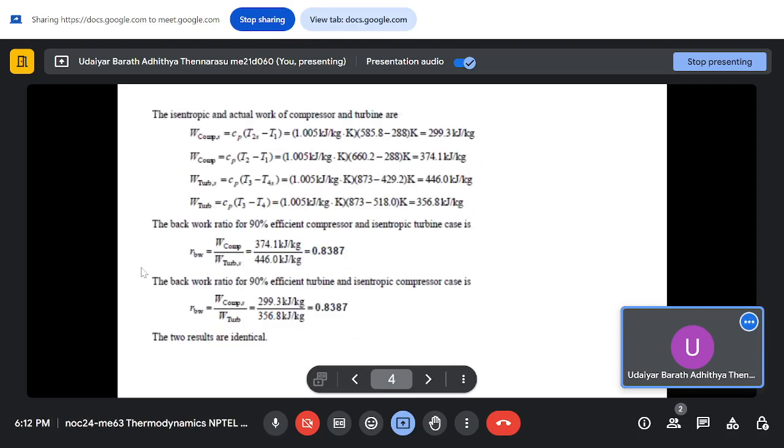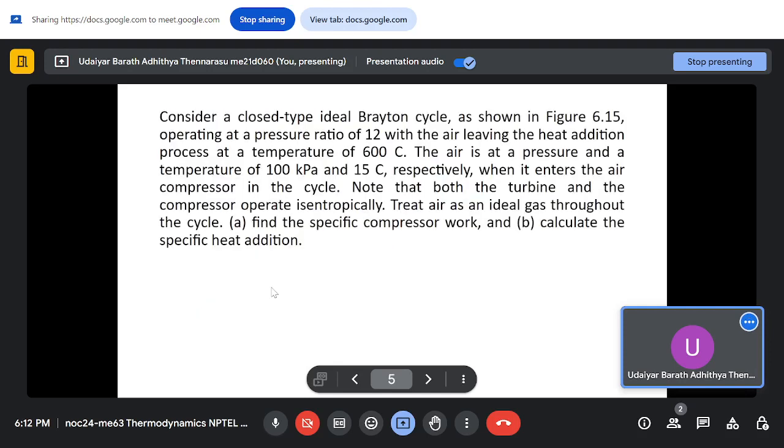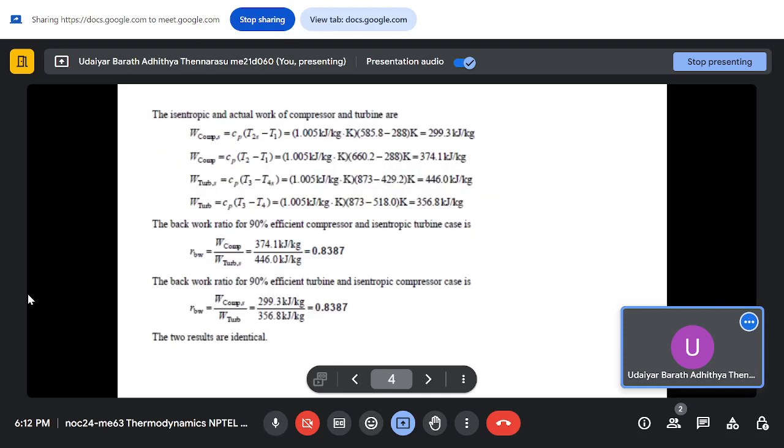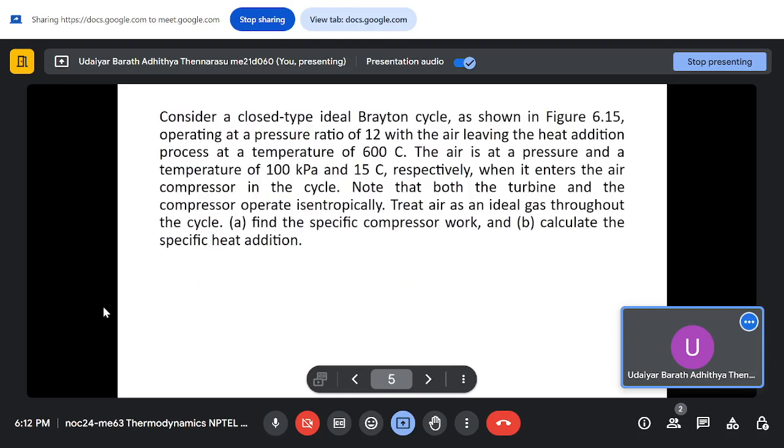The back work ratio for the first case, with a less efficient compressor and efficient turbine, is 0.8387, and similarly for a less efficient turbine and an efficient compressor, you get the same ratio. So the two results are identical, and having either will have the same impact on the efficiency.